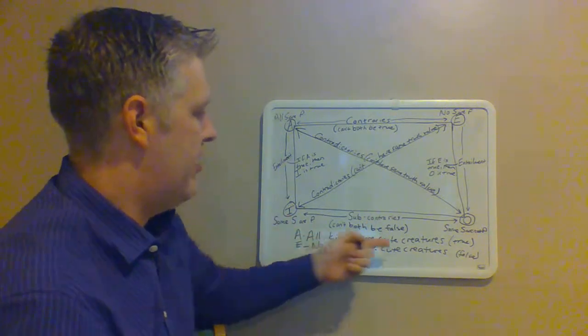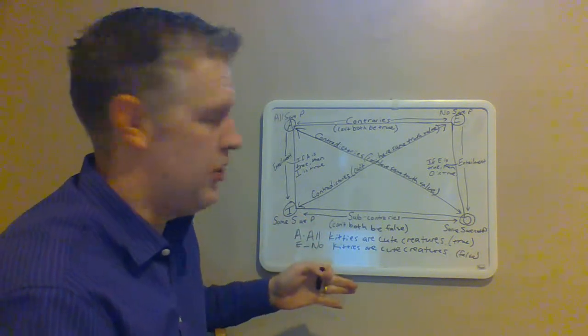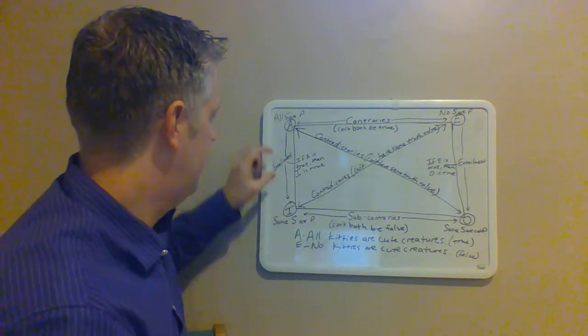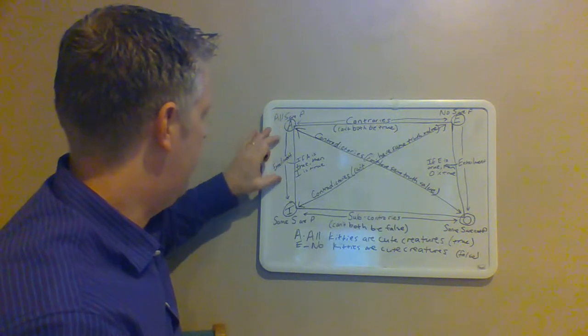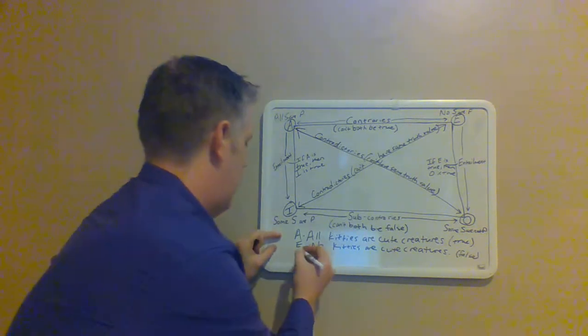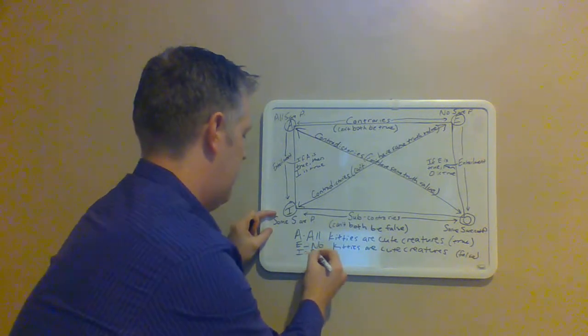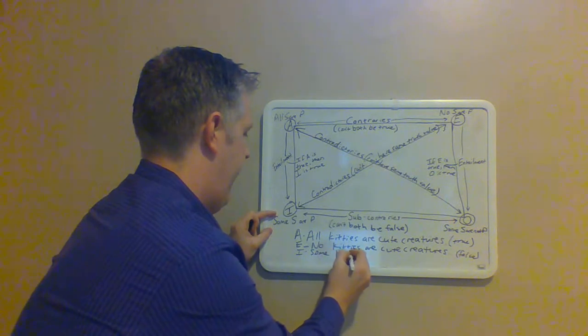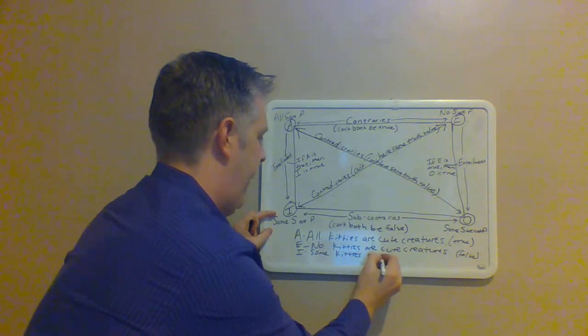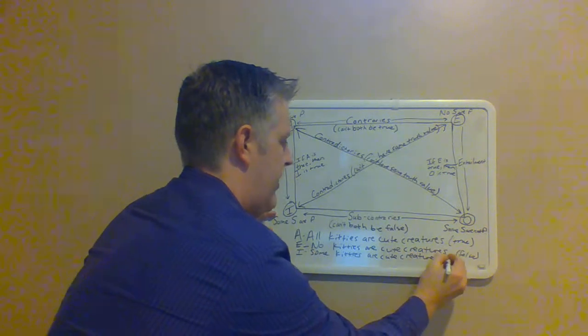If you know that all kitties are cute creatures, then it sounds false to say that no kitties are cute creatures. We also know, by way of entailment, that if it's true that all kitties are cute creatures, then it's going to be true that some kitties are cute creatures as well.